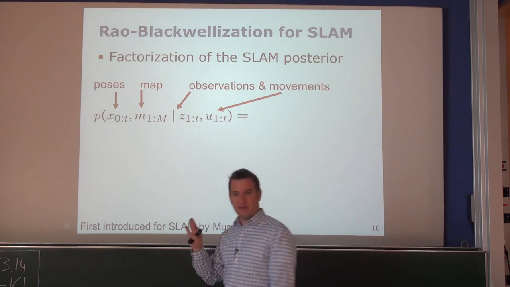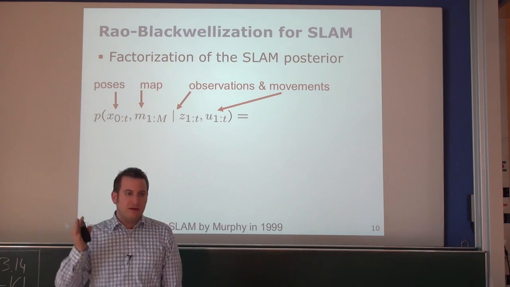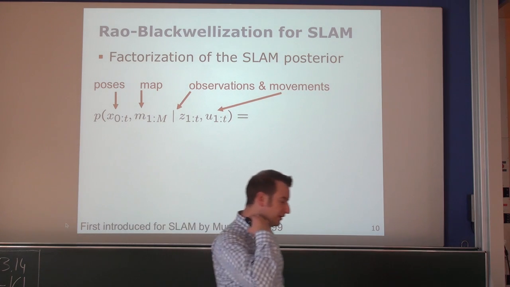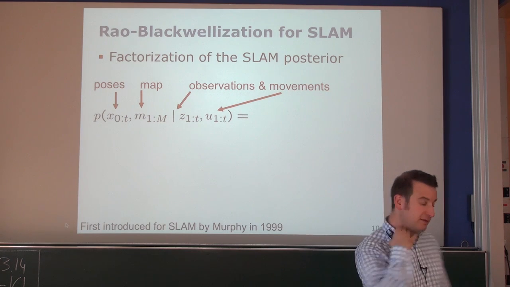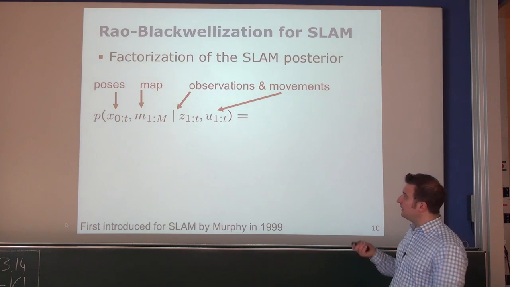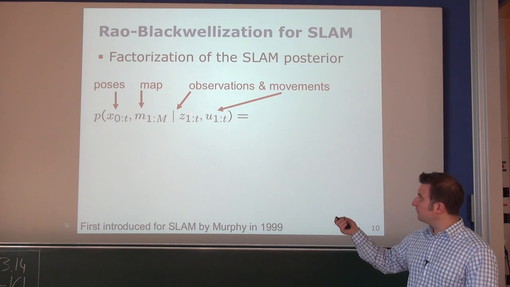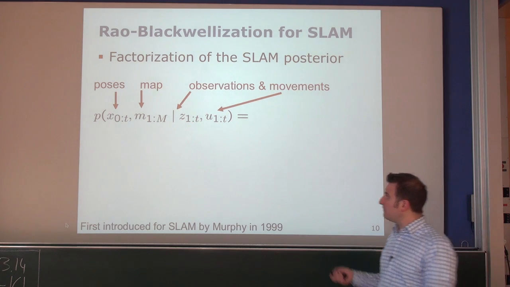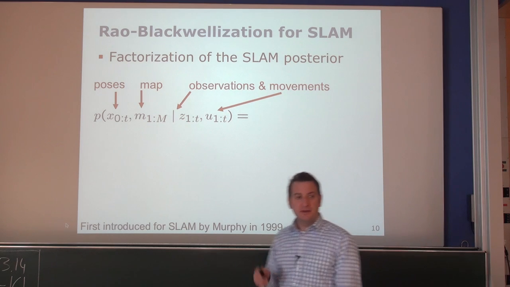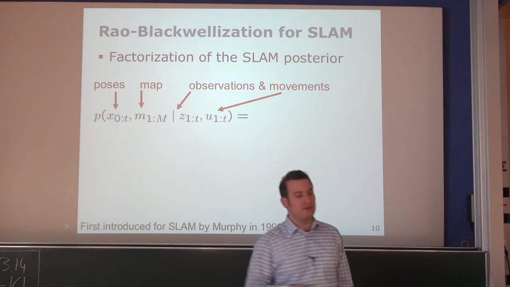It's the standard thing. What it now does is factorize this belief into two terms, namely P of x given the observations and the controls, times P of m given x, the observations and the controls.